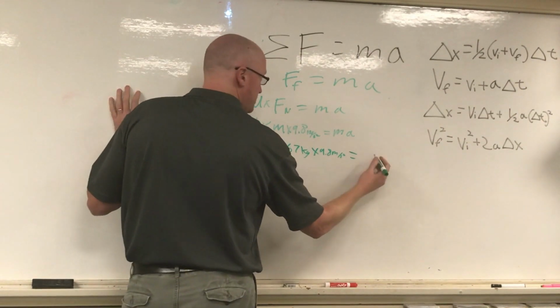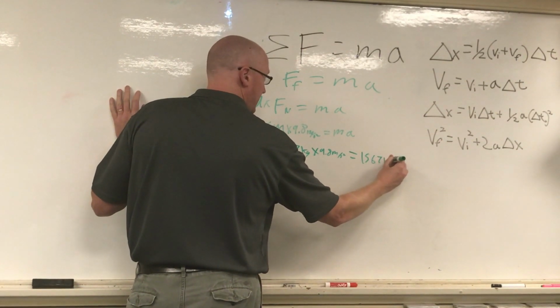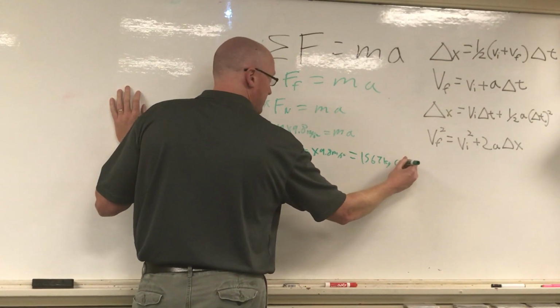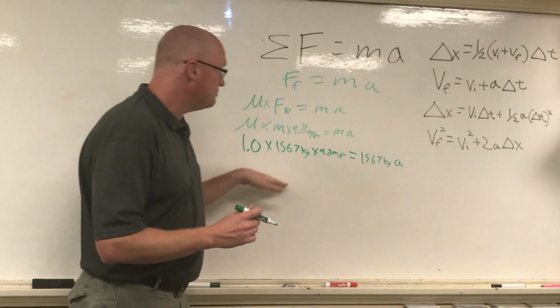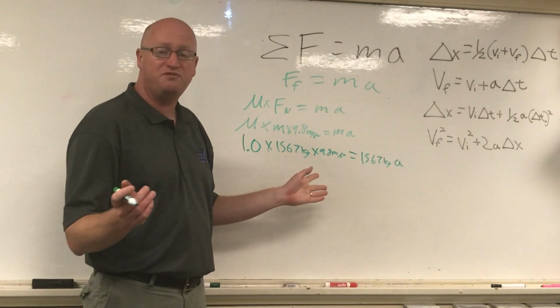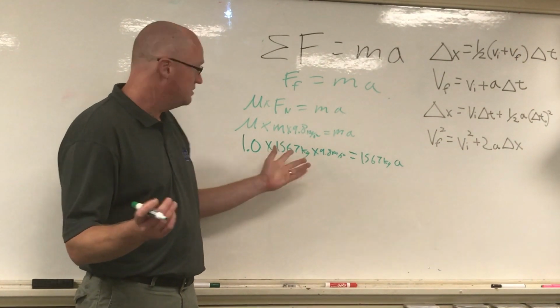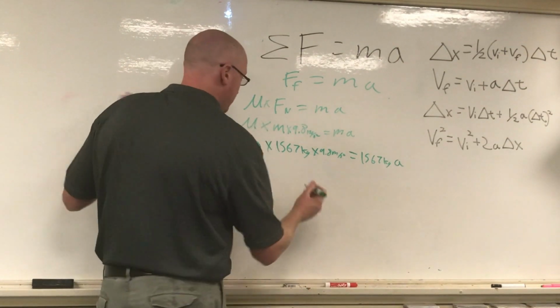And that equals 1,567 kg times acceleration. Now, one thing you'll notice, I have the mass on both sides. I could divide both sides by 1,567 kilograms. I don't know if you need me to, but what the heck, I'll do it anyway.